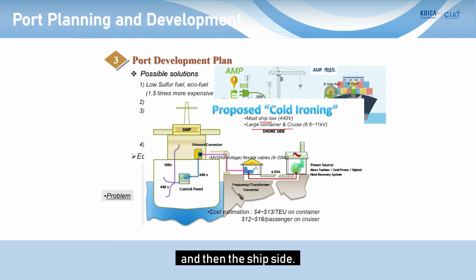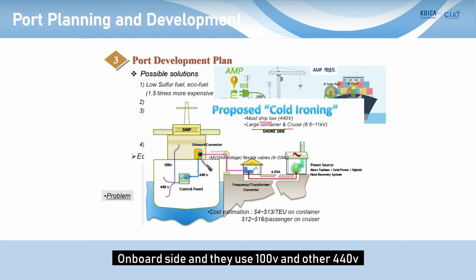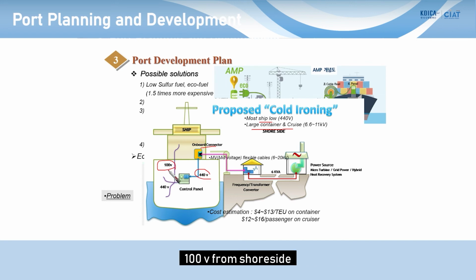And on the ship side, on board, they use 100 volts and 440 volts. So the conventional ship should have certain converters on board, interchanging 440 volts and 100 volts.